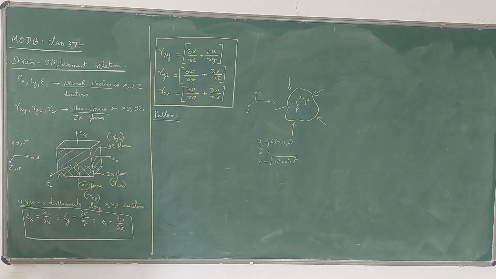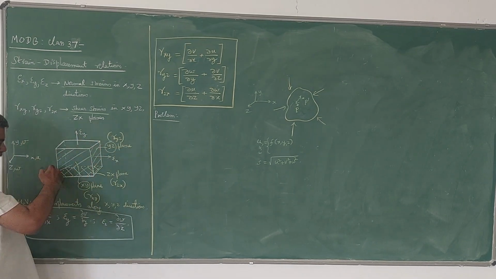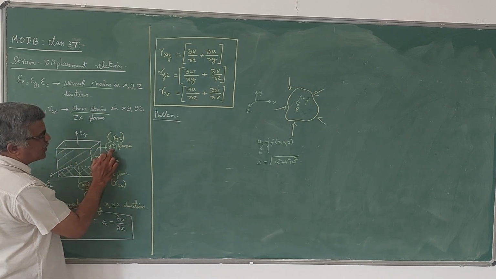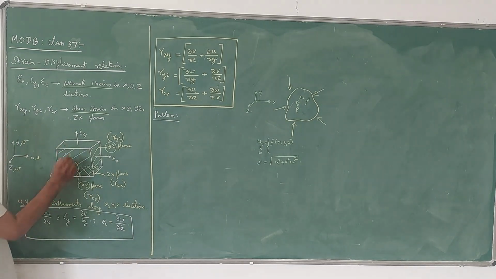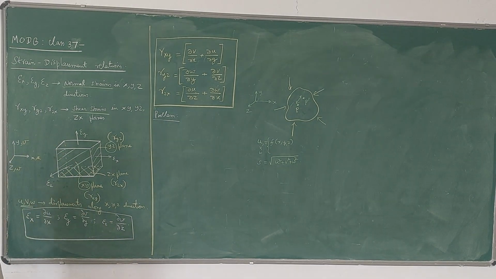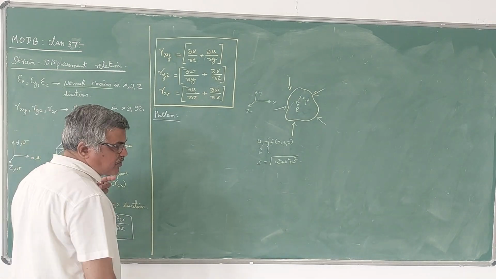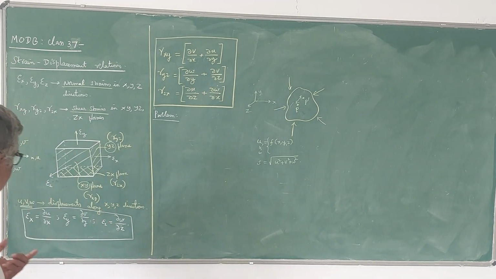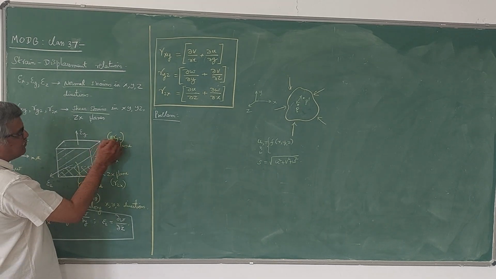Then coming to yz plane, y is measured like this, z is measured like this, so the left face and right face form the yz plane, and the zx plane is nothing but the top and bottom planes. So in a 3-dimensional element, you will have 6 planes, out of which 2 will be xy planes, 2 will be yz planes, 2 will be zx planes. These shear strains will be acting in these planes.